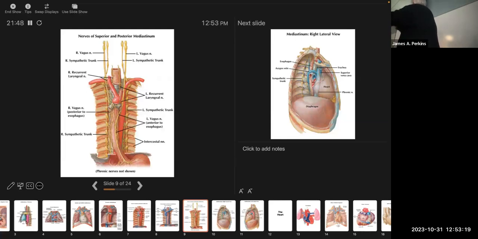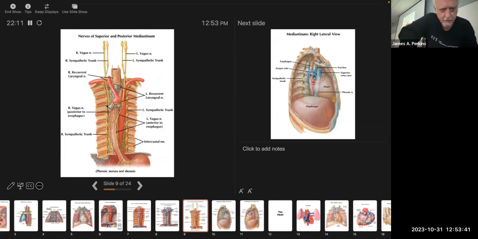So as you just pointed out, Brianna, it's a series of sympathetic ganglia that are all joined together to form a continuous chain running down both sides of the thorax, just a little bit lateral to the vertebral bodies in the posterior part of the mediastinum.